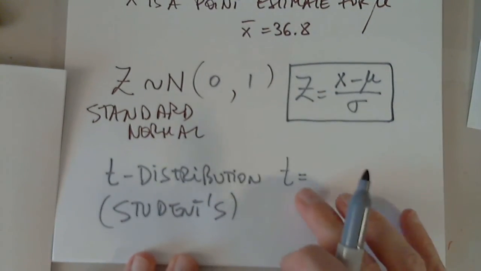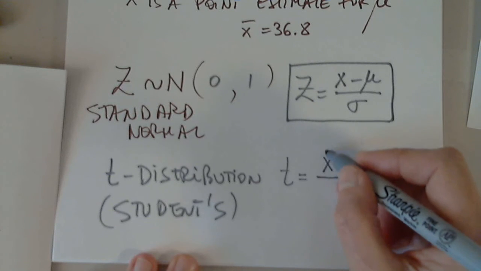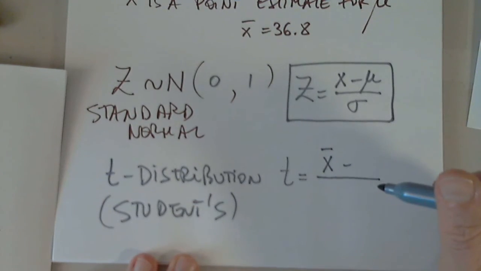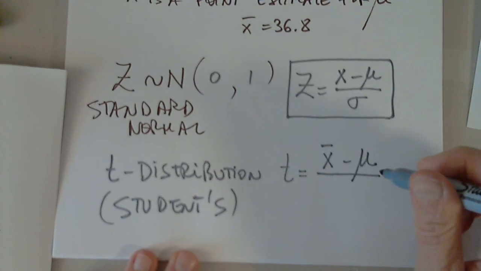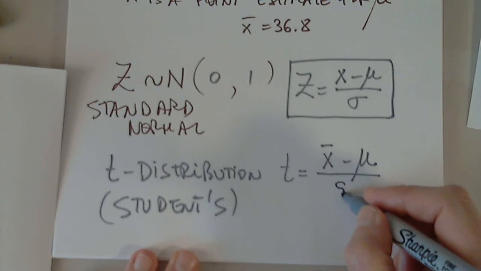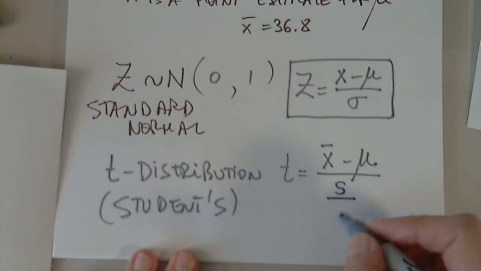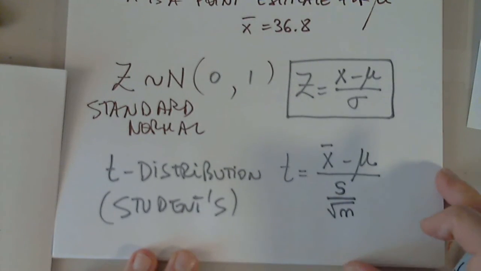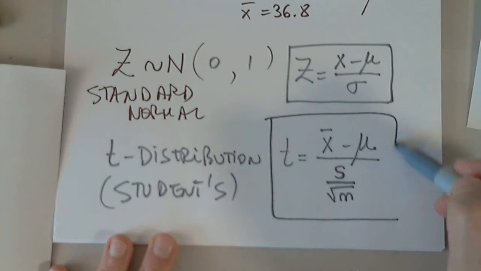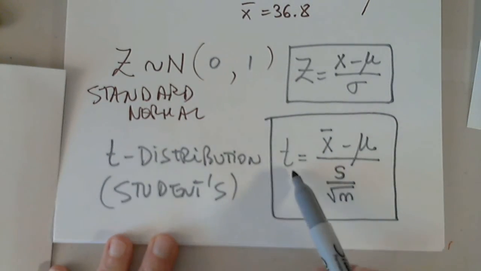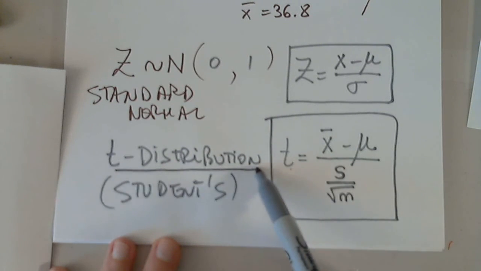However, this T, which is the mean of the sample minus the mean of the population divided by the sample standard deviation divided by the square root of n, has a T distribution. That's why it's also called T.